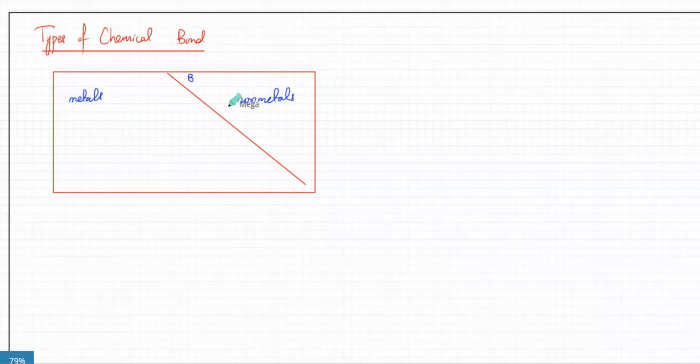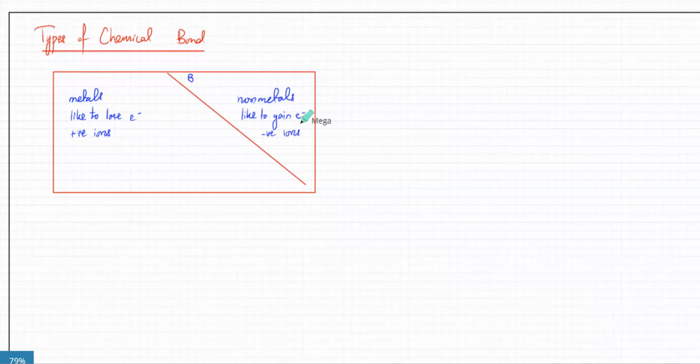The thing with metals is that they really like to lose electrons, and they like to form positive ions. The thing with non-metals is that they like to gain electrons. They have a greater tendency to gain electrons, and they like to form negative ions.